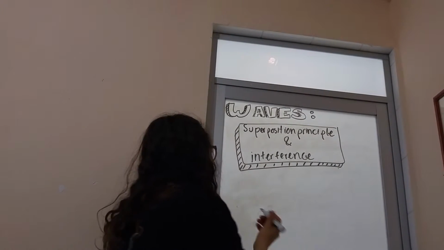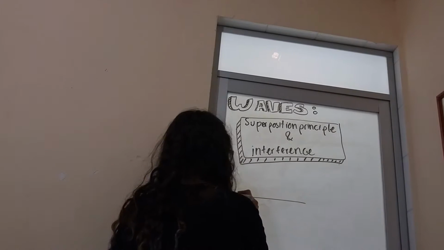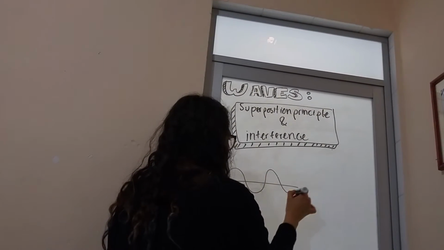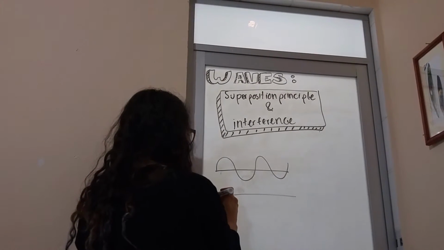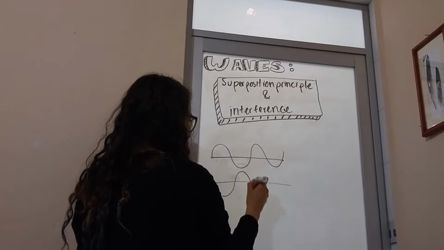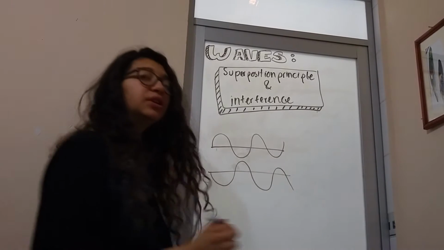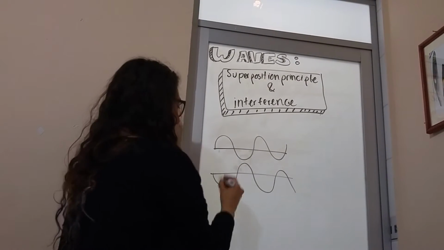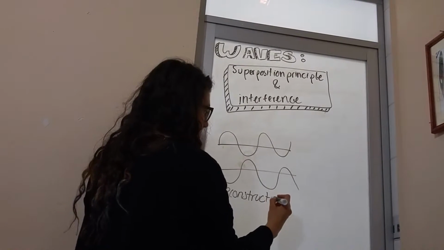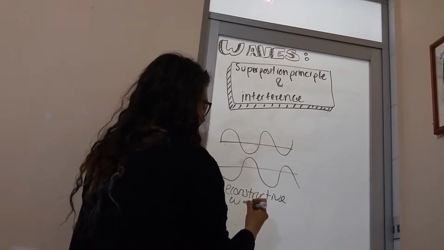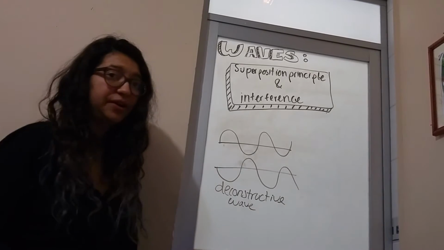For example, if we have this wave and this wave goes that way, and we have another wave that moves exactly the opposite direction, then we will have a destructive wave, because the waves will cancel each other.